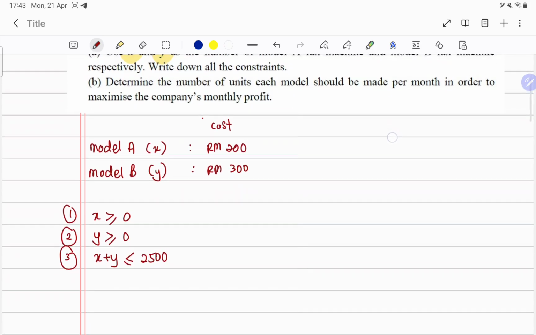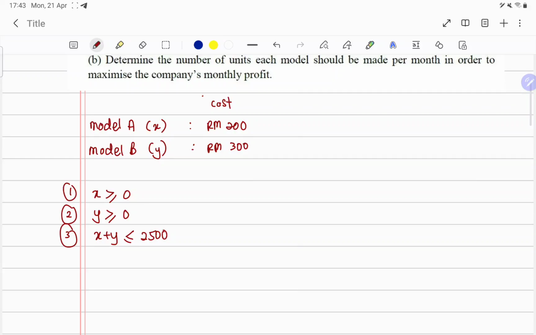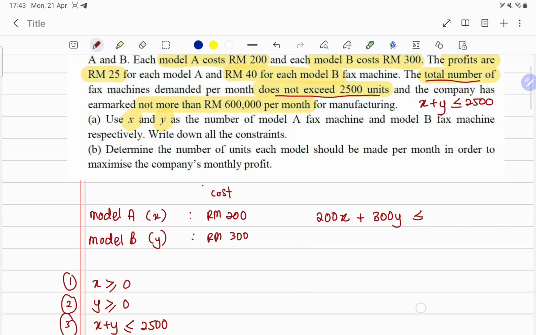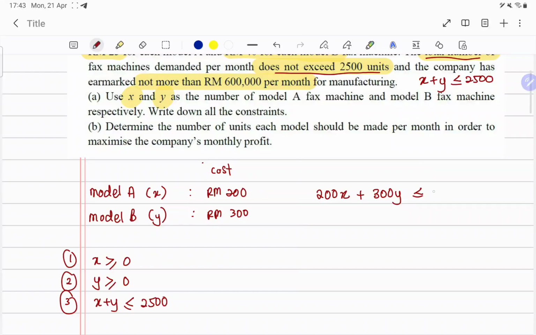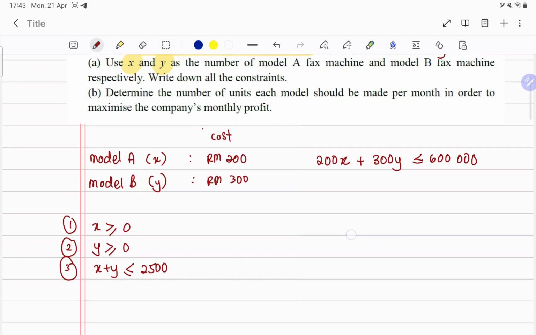So for monthly, the income that we have is 600k, which means the price 200 multiplied by the number of model A, which is X, plus the price for model B, which is 300, multiplied by the number of model B, which is Y, you're going to get not more than 600,000. So this is your fourth equation.